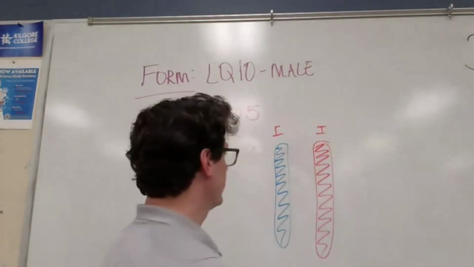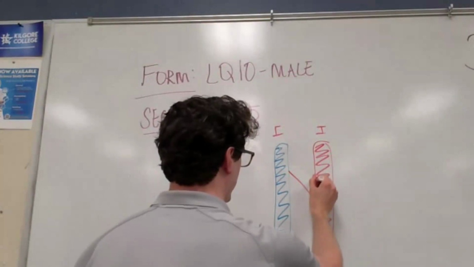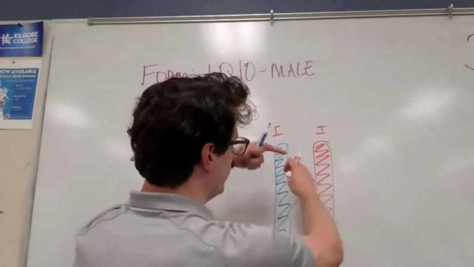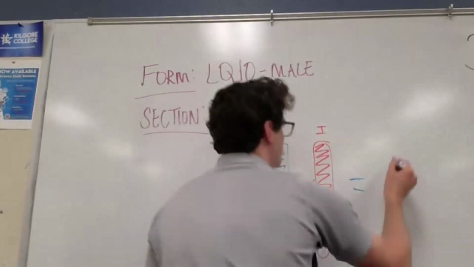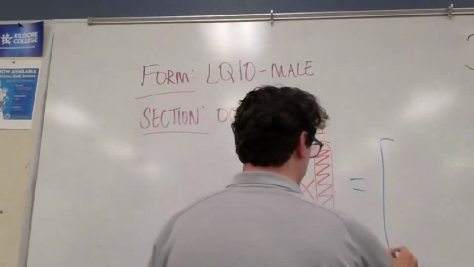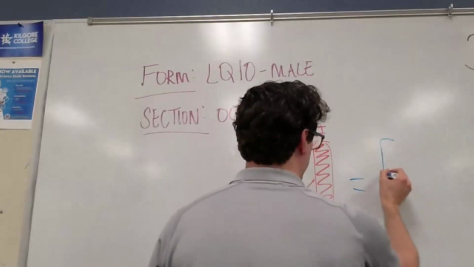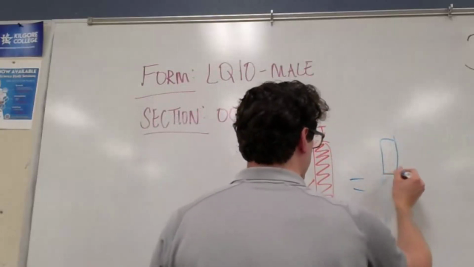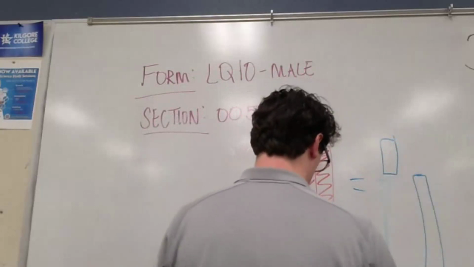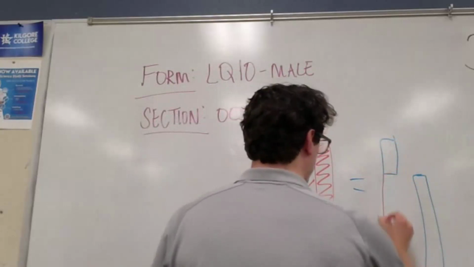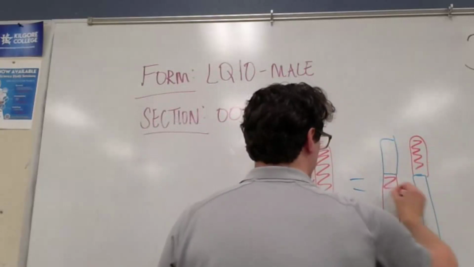So in the event of crossing over, they're quite literally going to cross each other over. They are going to swap some amount of DNA between them, which is going to lead to our chromosomes having a combination of information of chromosome 1, and so be partially maternal and partially paternal.